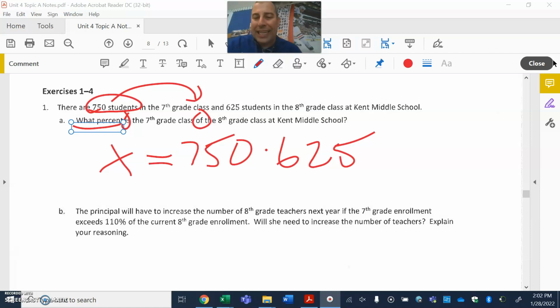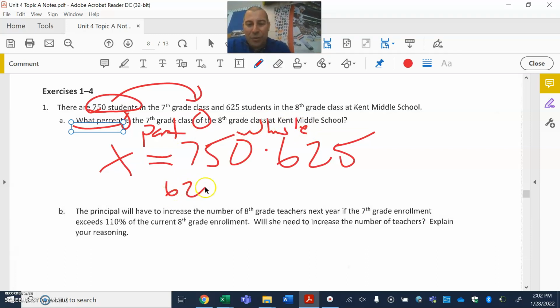So when I'm looking at this, I could go back to my part and my whole. Is, remember, always references the part. Of always represents the whole. All right, so let's see what we got here. 625 equals percent. I don't know what it is. All right, and then the whole is the 8th grade class.